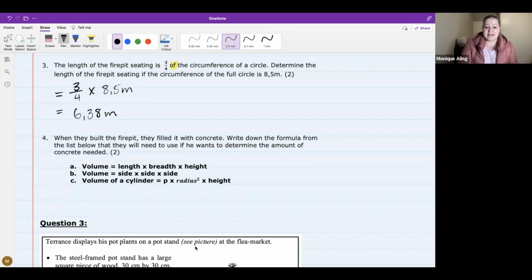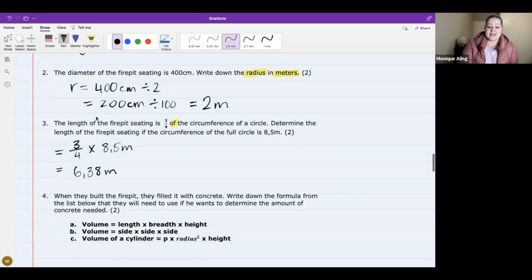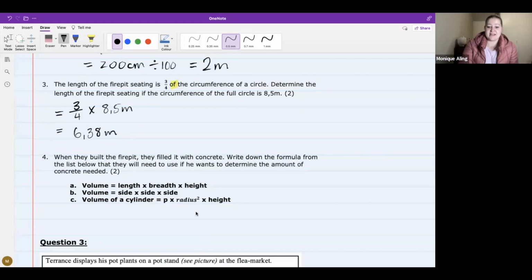And we are looking at what shape? The fire pit is a circle, cylindrical shape. So we are looking at the formula for a cylinder, A, B, or C.